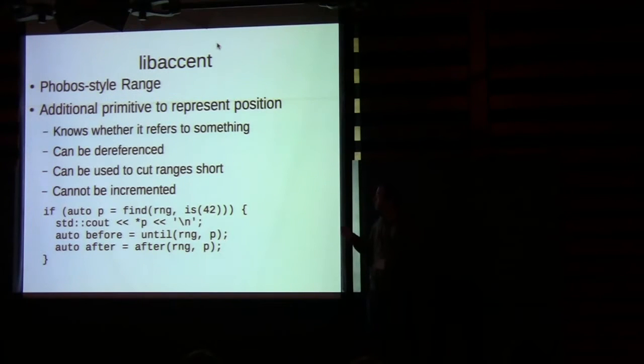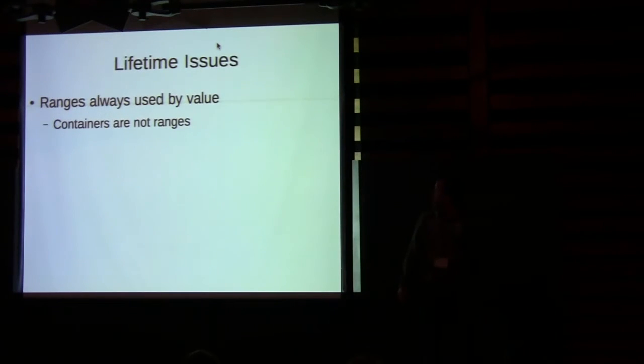Right. So this is my library. This is the underlying idea. What are the lifetime issues of a range library? Well, ranges are always passed around by value. In both Andre's and my library, a range is passed around by value. A container is not a range.